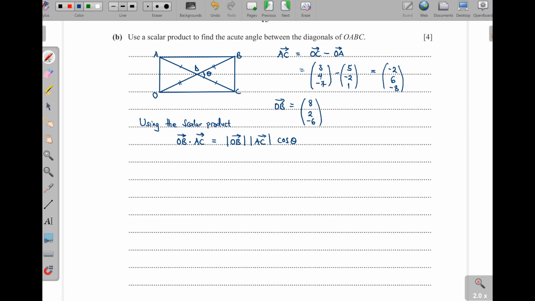Now we substitute. What is our OB? It is 8, 2, negative 6. Then what is our SC? It is negative 2, then 6, then negative 8.